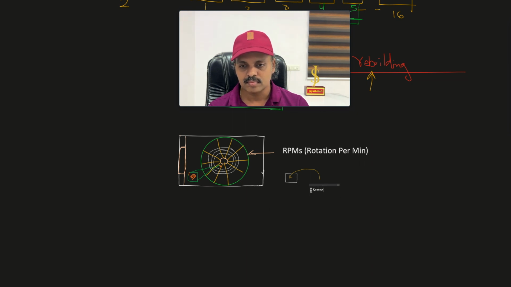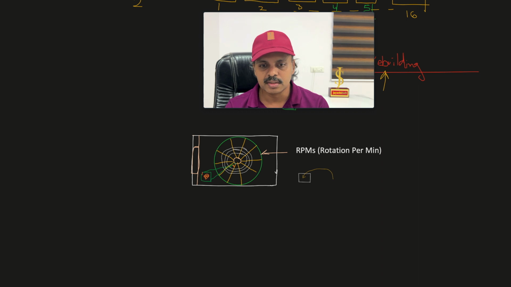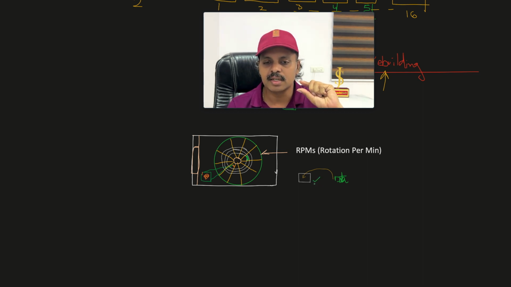Block or sector, anything is fine as long as it's a small size. So here tracks are there, and in that, let's say this part is a sector. That is the smallest place where we will write our data. So data will be written into your sectors. Each sector is the smallest physical location on the disk.